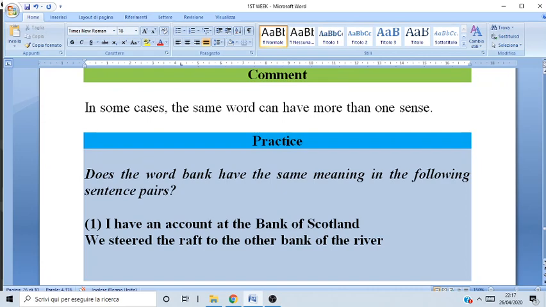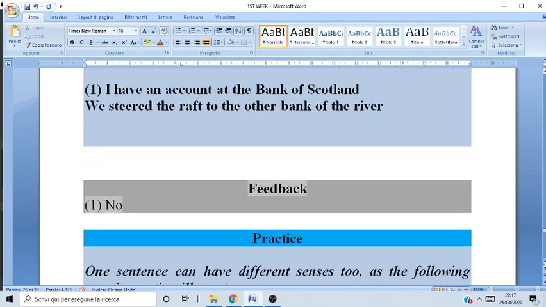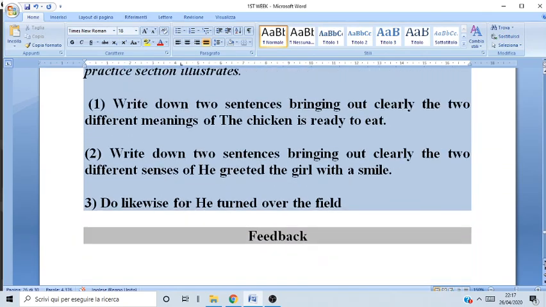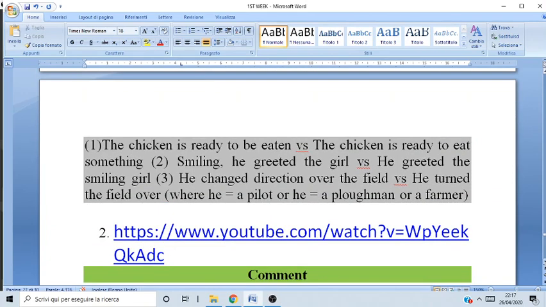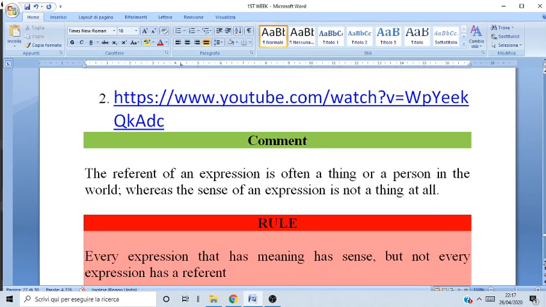You have to watch out because some words can have more than one sense. And we looked at the example of bank. That can be bank as an institution or bank as part of a river. Okay, as you can see, it's very practical. You would go through the exercises to understand what I'm talking about. And this is where we stopped.